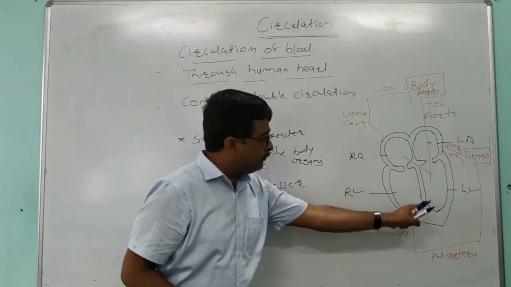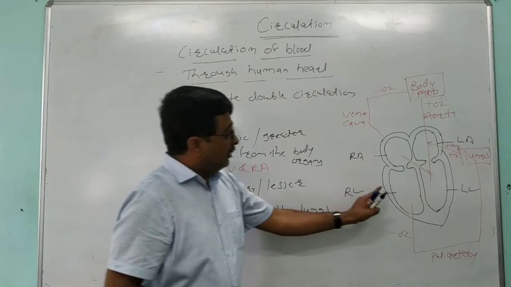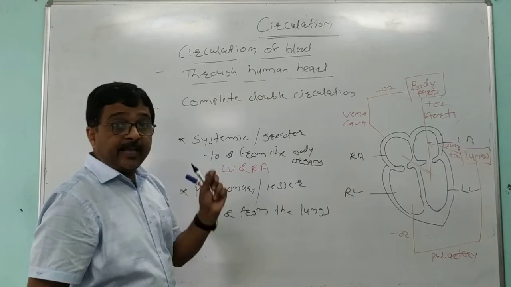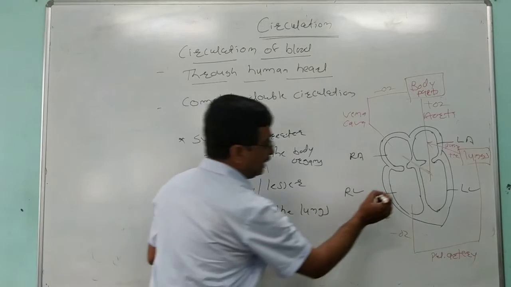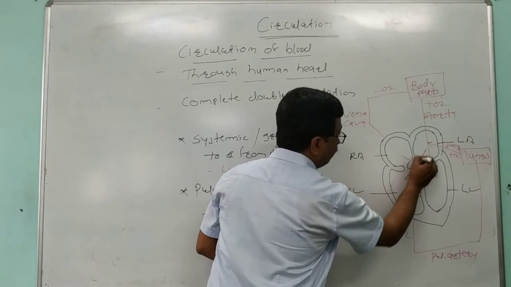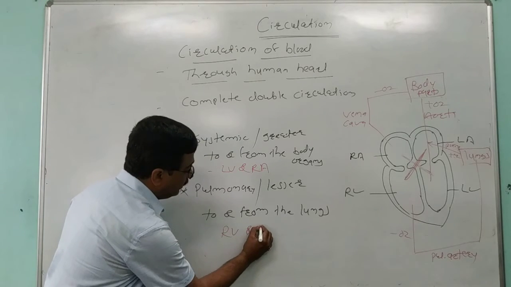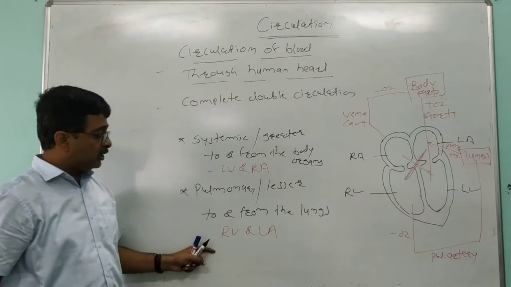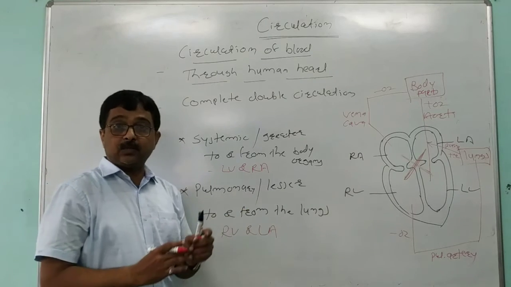So with the help of a simple diagram, one more point. The chambers which take part in this pulmonary or lesser circulation are the right ventricle and left auricle. Right ventricle and left auricle are responsible for completing pulmonary or lesser circulation.